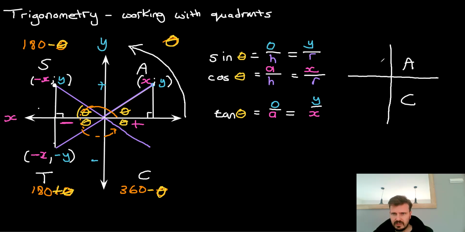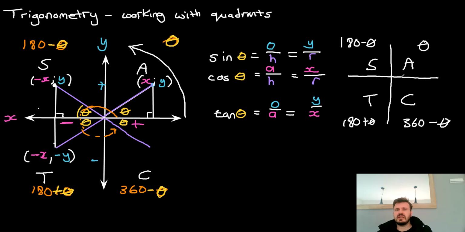Theta, 180 minus theta, 180 plus theta, and 360 minus theta. And this is all you need to do your stuff. This is all explanation.